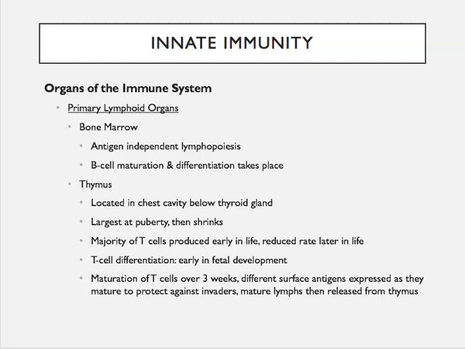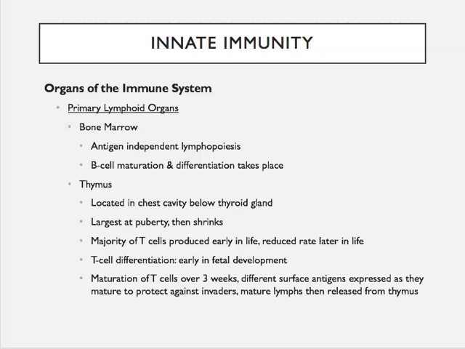Okay, some different organs in the immune system. The bone marrow and thymus are considered the primary lymphoid organs where maturation of your B lymphocytes and T lymphocytes takes place, respectively. So the B lymphocytes in the bone marrow, T lymphocytes in the thymus. The secondary lymphoid organs provide a location where contact with those foreign antigens can occur.